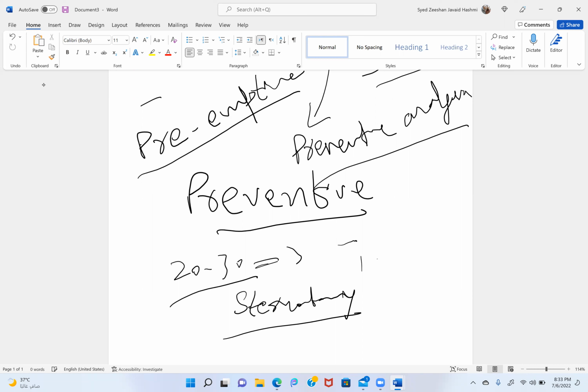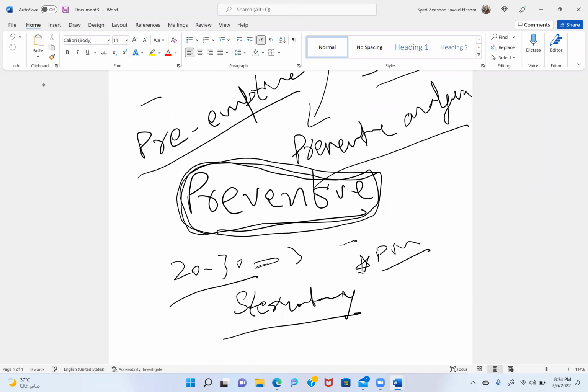Or in neurosurgery, when they have to put the pin, it is a very painful procedure. Similarly, you will find a number of such steps. At that specific time, before that, you give extra medication. This is preventive. Preemptive analgesia is before the onset of surgery.